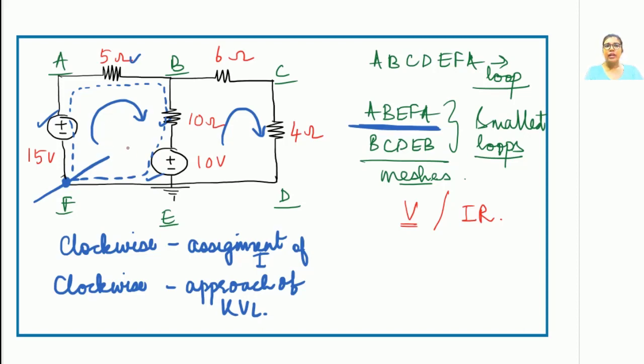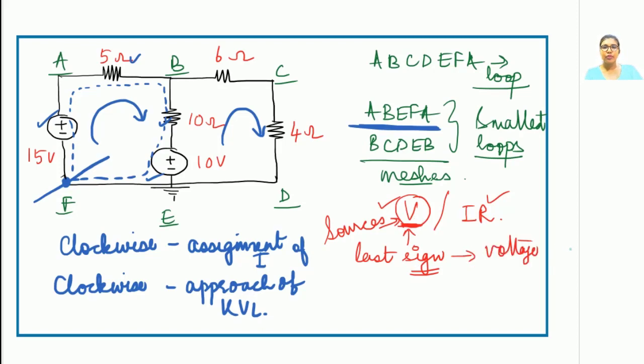So whenever you come across a voltage source in a particular mesh or loop while writing the KVL equation, the last sign that is encountered should be taken as the voltage sign.